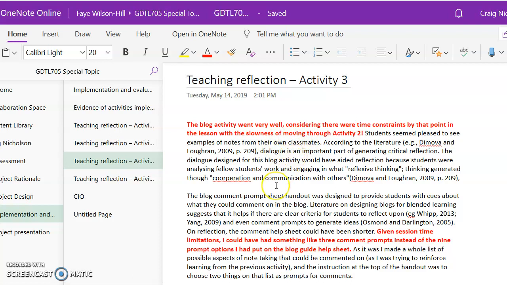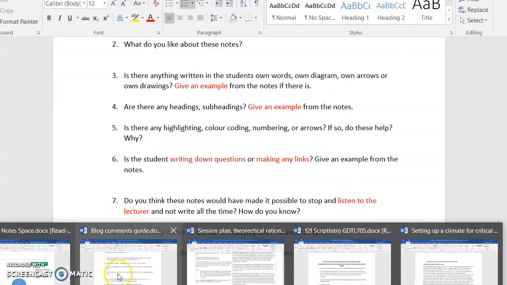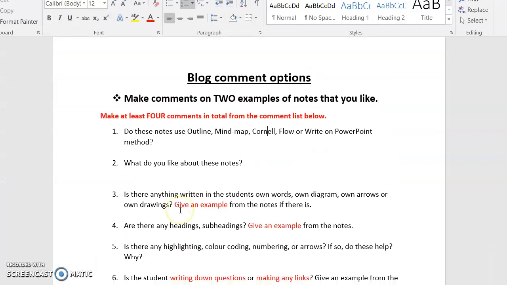So I've got here written, given session time, I could have had something like 3 comment prompts instead of 9 prompt questions, because I'd given them this blog comments handout, because in the literature it had said that you couldn't expect that they'd actually know what to comment on.